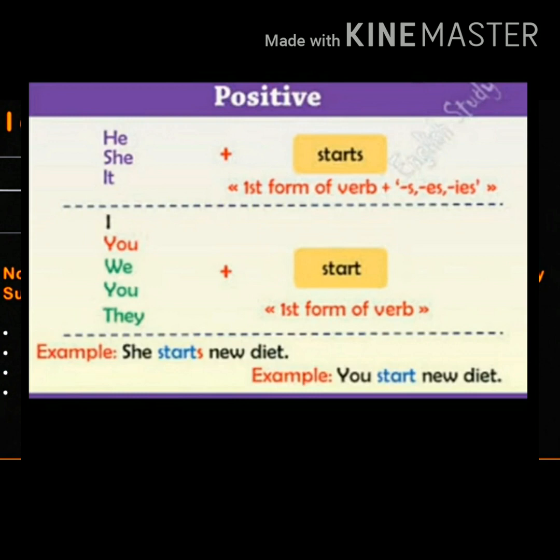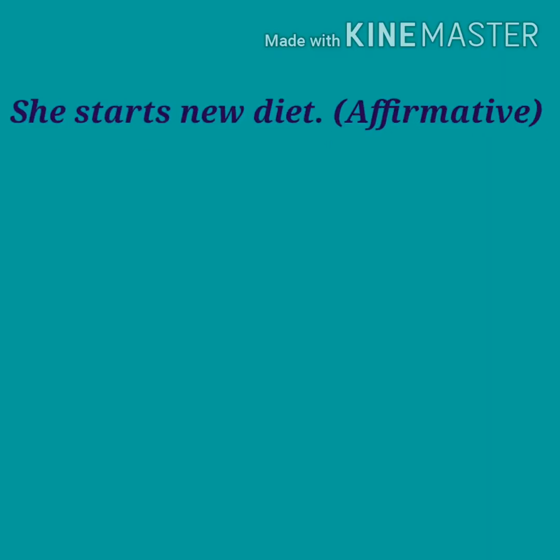In the example you can see two affirmative sentences. She starts new diet and you start new diet. Let's make these two sentences negative. She starts new diet. It is an affirmative sentence.